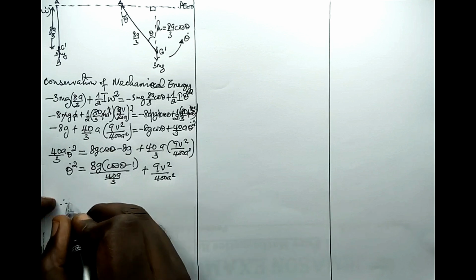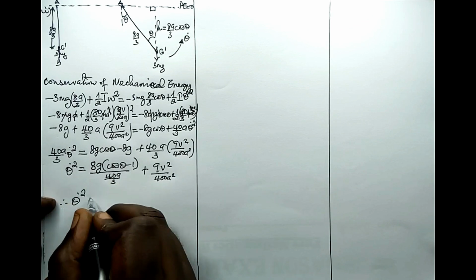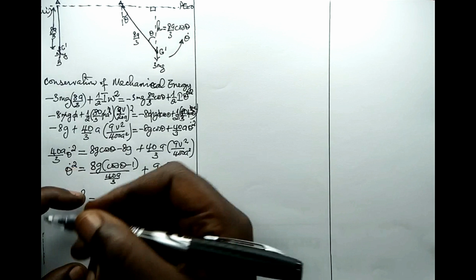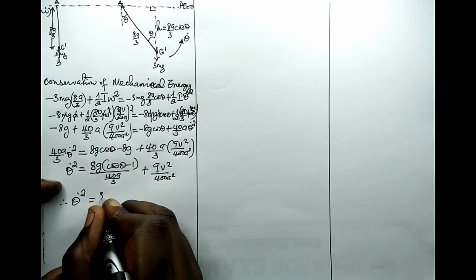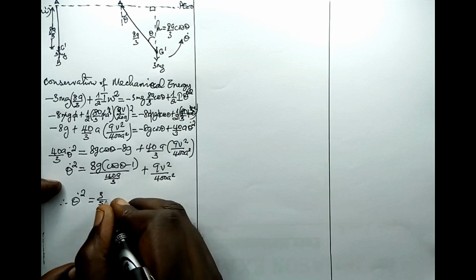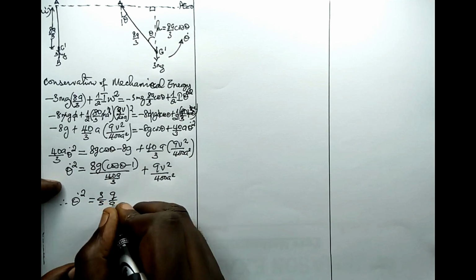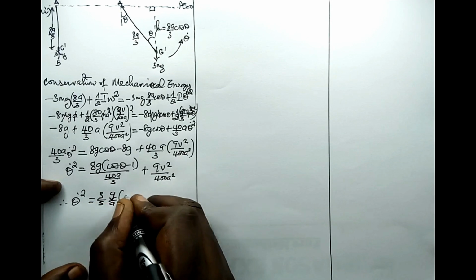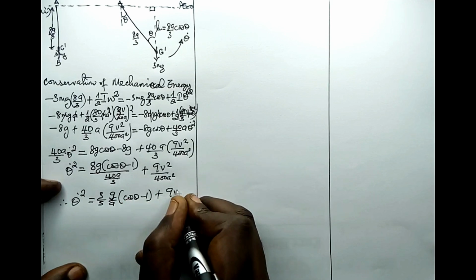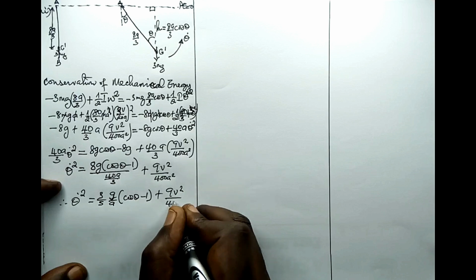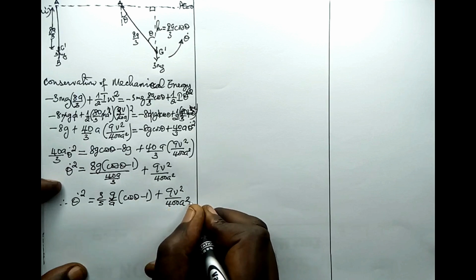And simplifying now, we'll get theta dot squared equals 3 will spring up, while 8 will cancel 40 to give 5. So we'll get 3 all over 5 g over a into cos theta minus 1, plus 9v squared all over 400a squared.